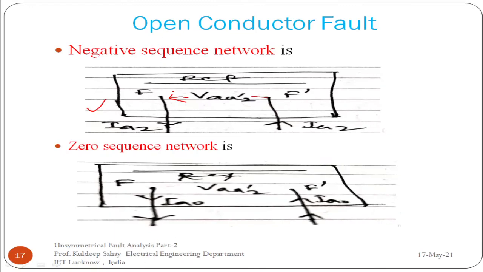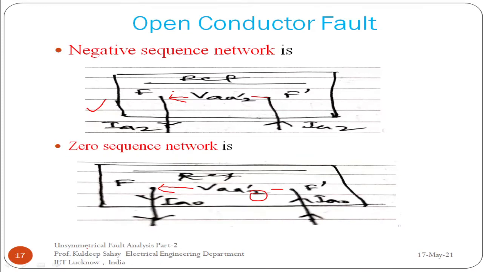Similarly, the voltage for the zero sequence is VAA dash 0, and the zero sequence current is IA0. So these are the sequence networks for the open conductor fault.